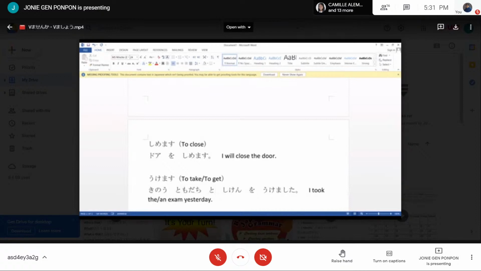Tomodachi to shiken o ukemashita. I took an exam with my friend yesterday. So with this basic sentence pattern, you can now have a more complex sentence by connecting basic sentence patterns. That's how you create sentences using transitive verbs.